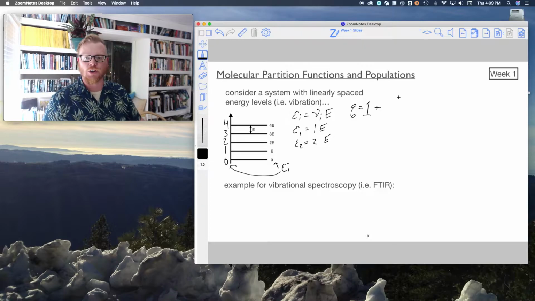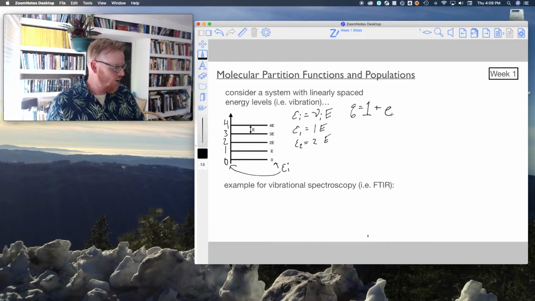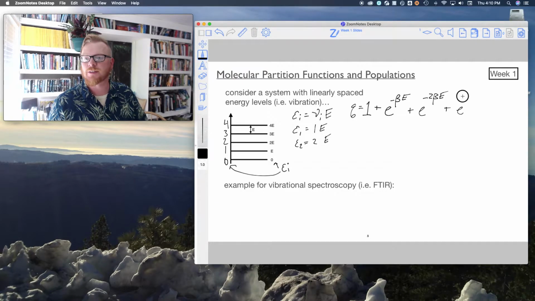Now the next term, just for convenience, I'm going to switch to writing it out. It's e to the negative beta times 1 times E, plus my second term, e to the negative 2 beta E, plus the third term, e to the negative 3 beta E, and so on and so forth.